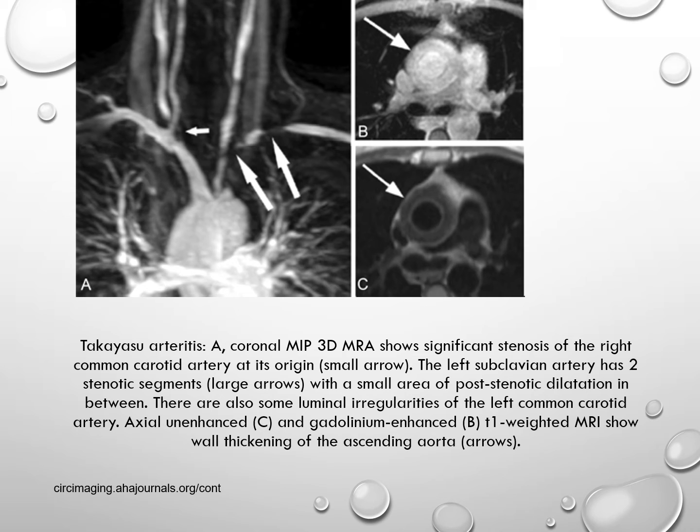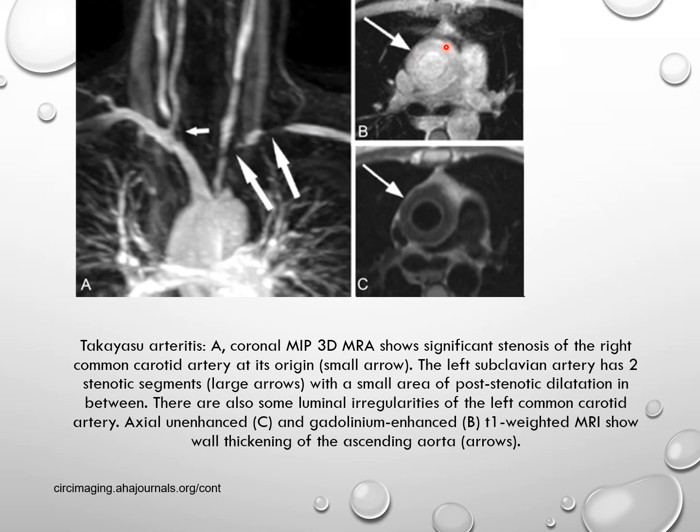This is a patient with Takayasu arteritis, and the MR angio showed, in your right upper image, multiple areas of stenosis and occlusion, mainly total occlusion of the right common carotid artery, some irregularity in the left common carotid artery, and an occlusion at the level of the left subclavian artery.